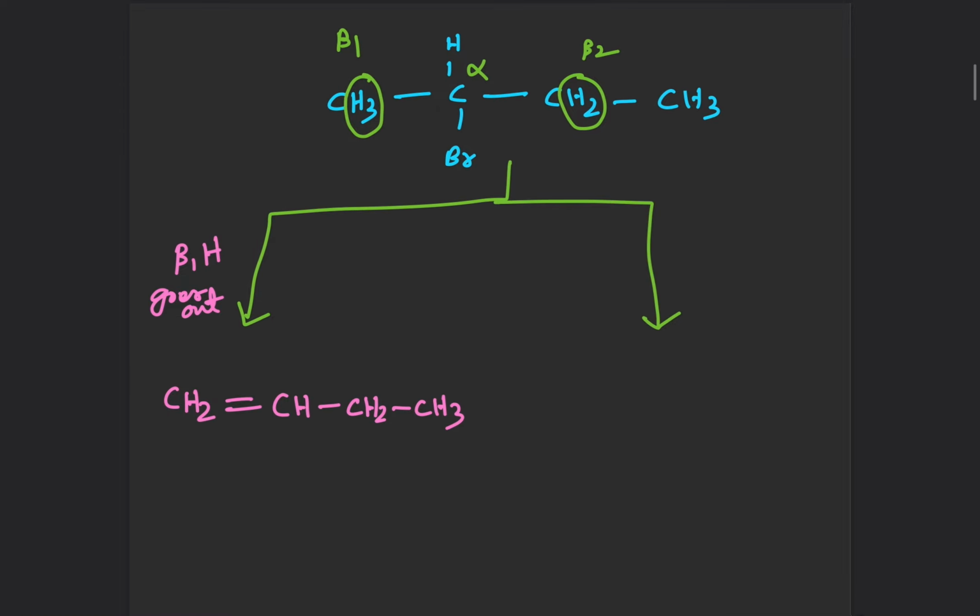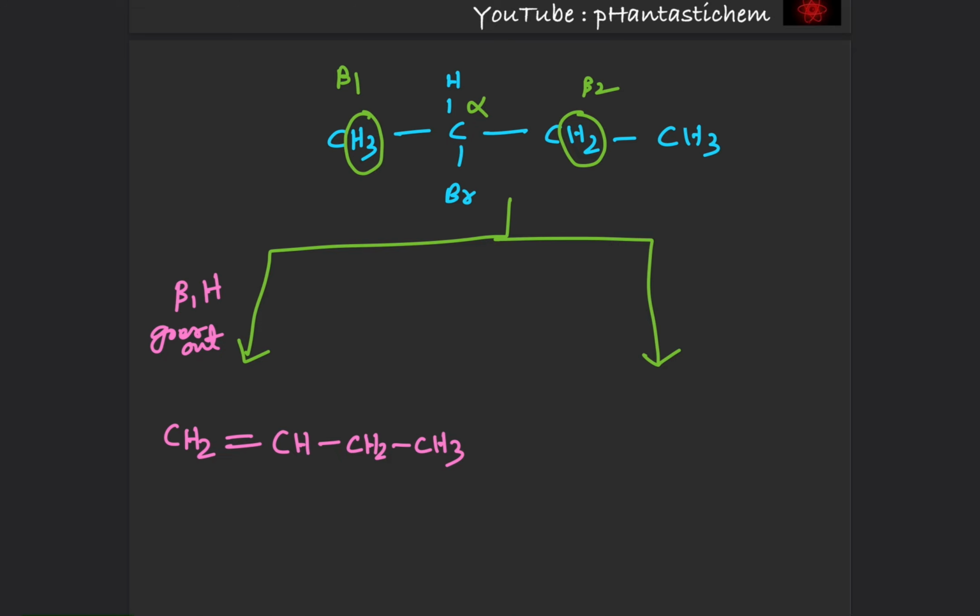And the other possibility is when we remove hydrogen from beta 2, or you can say beta 2 hydrogen goes out. Any one of the hydrogens from here goes out, and obviously the bromine from the alpha carbon goes out. In that case, I will get CH3 CH double bond CH CH3.